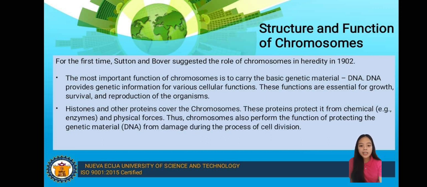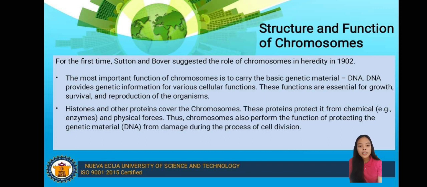These functions are essential for growth, survival, and reproduction of the organisms. To sum it up, it is very self-explanatory, given that the most important function of chromosomes is to carry the basic genetic material DNA. Also, these functions are essential for growth, survival, and reproduction of the organism.